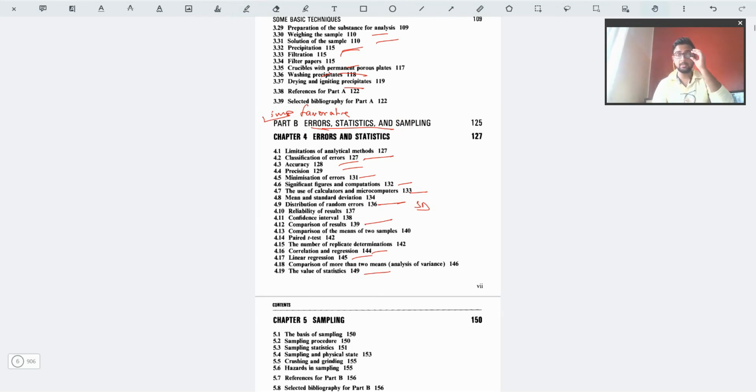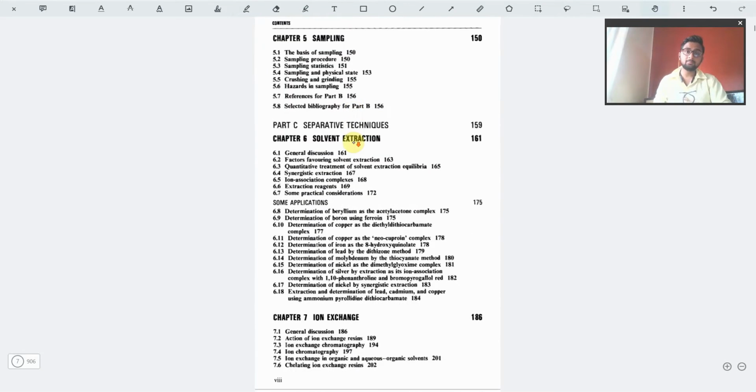So you may just go through it. Then you have the sampling technique, which is how to sample, like when a sample is given to you, how do you analyze that, how do you weigh that, how do you take it for any physical examination like temperature or those kinds of stuff. Okay, so that is one chapter.